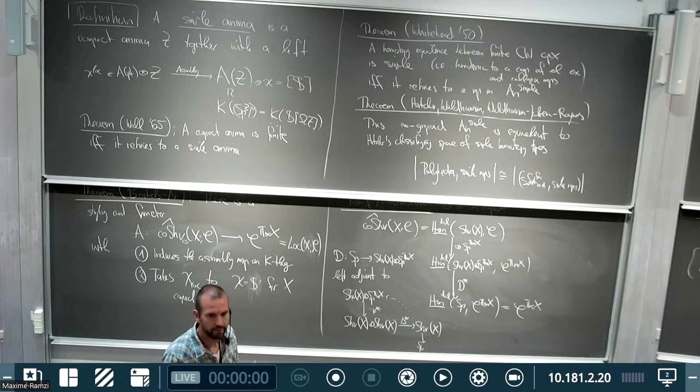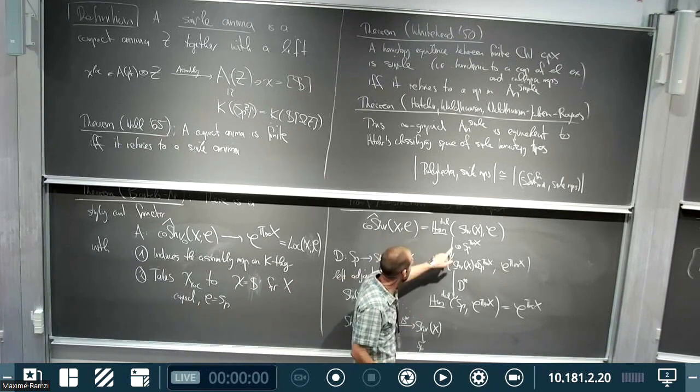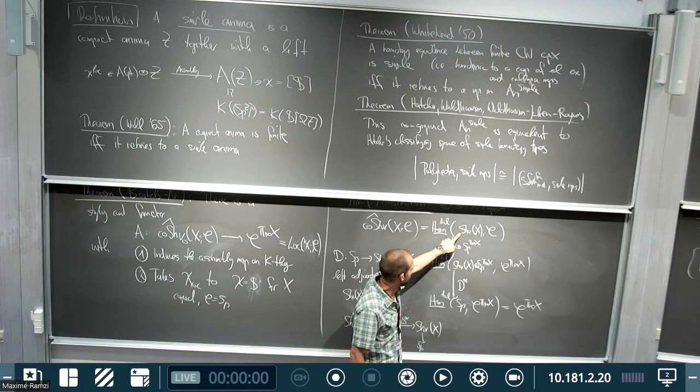Yes? Is it the same thing as just recomposition with the map from local systems to sheaves by pullback? It looks formally as if you are just pulling back the local systems. I don't think so. Sorry, what are you suggesting? There is this better version of this shape functor of local systems.